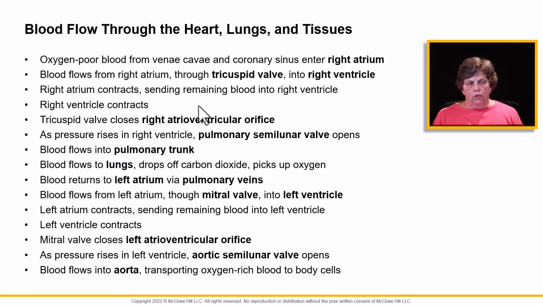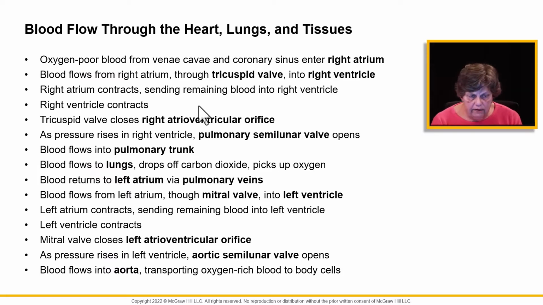When the pulmonary semilunar valve opens, the blood flows into the pulmonary trunk, divides off and goes to the pulmonary arteries, goes to the lungs, drops off the carbon dioxide, picks up oxygen, and then comes back via the pulmonary veins to the left atrium of the heart.